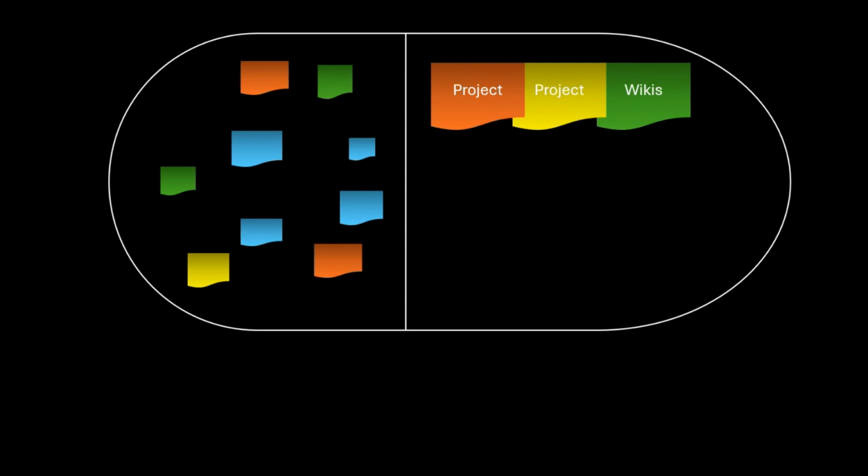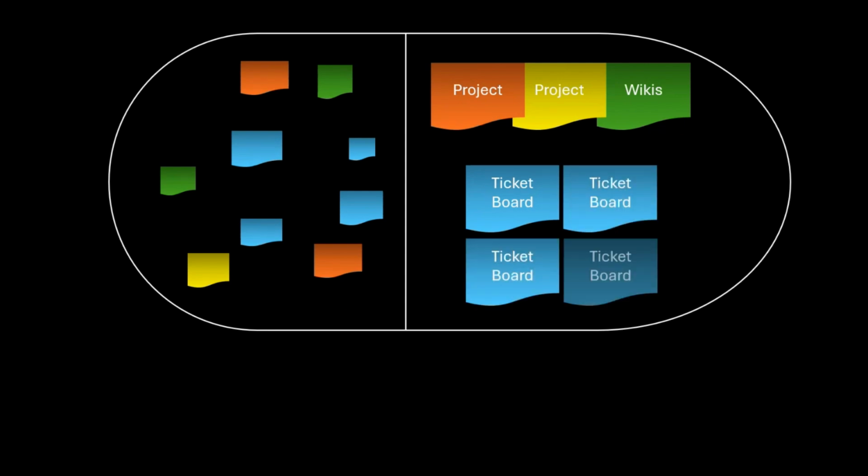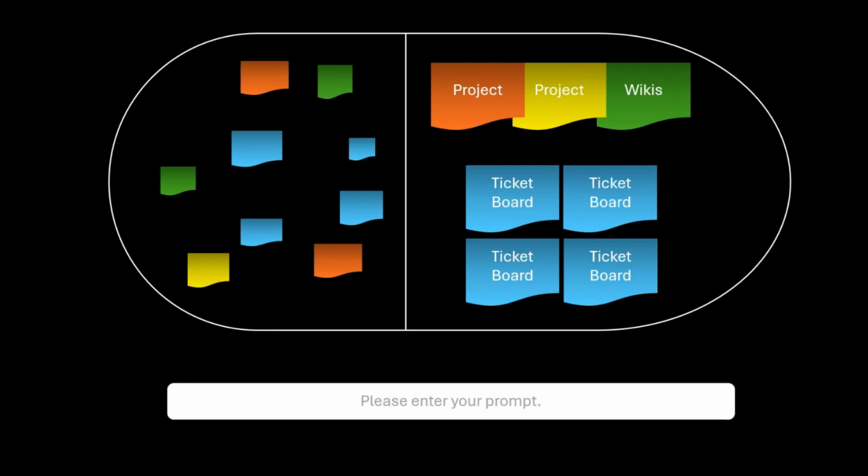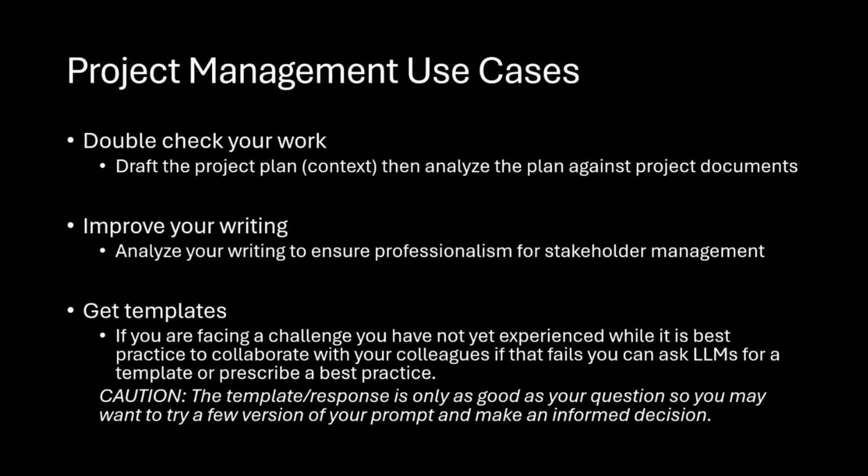Because let's say that you just want to have two projects in a wiki. You'll upload that, or if it already has that information in a database, then you'll manage your prompt on that. Or you'll be specific and also add multiple product boards. But you can see how that's challenging to scale. So as you think about your value work stream and the issues that you're going to have, there are a few use cases that are recommended with today's limitations.